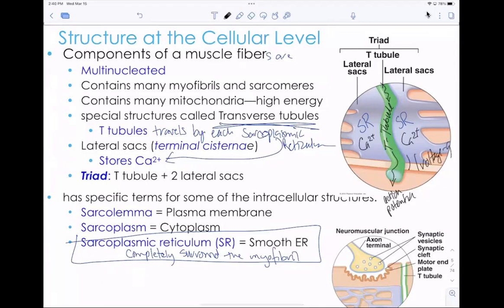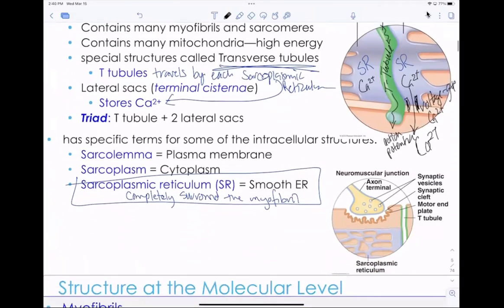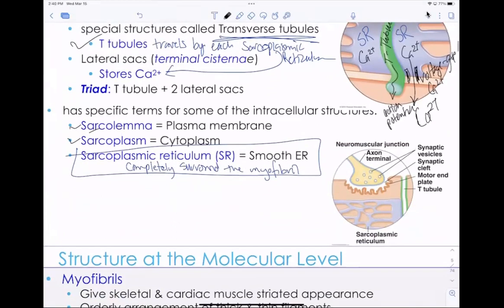Voltage-gated calcium channels, because we've seen this before. And this is going to be what allows calcium to leave the sarcoplasmic reticulum, come out, and then start becoming the signaling molecule for the muscle fiber to shorten. So we will get to that. So again, review sarcolemma, sarcoplasm, sarcoplasmic reticulum, transverse tubules, and the triads.